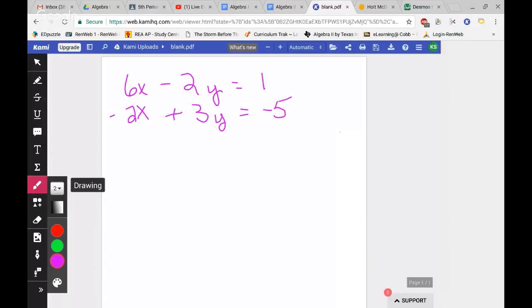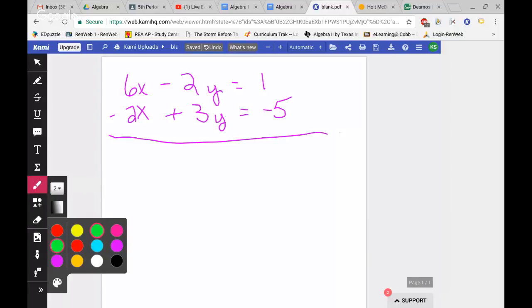As I look at this one, the easiest would be to multiply the bottom equation by 3 all the way across in order for it to be an opposite. If I multiply a -2 by a +3, I'm going to get a -6. And if I add the two, it would eliminate the top x. So I'll just show you how that's done.